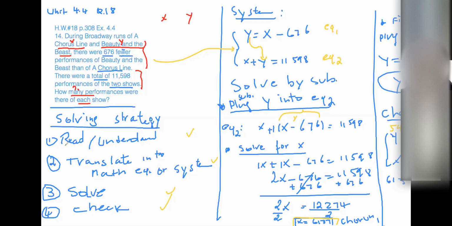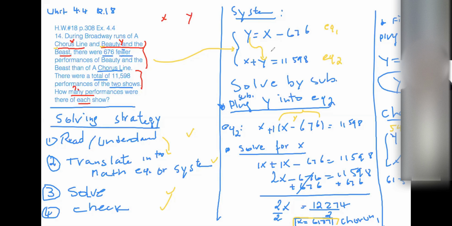Once you understand it, you go to step 2, which is labeling and translating the problem, which we did here. We call this X and Y. You could call them any letters, A and B, or maybe C and B, if that is more meaningful to the problem.